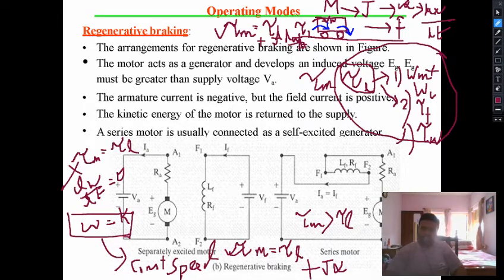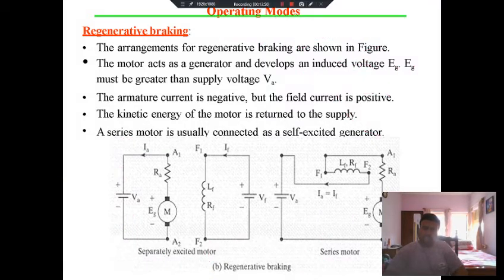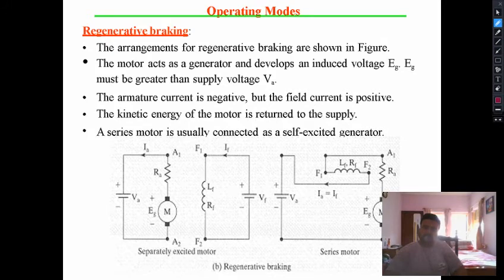Now suddenly, what is happening? The station is approaching, and the driver in the train is trying to apply the brakes, right? So as soon as the brakes are applied, these are the mechanical brakes. So what will happen?